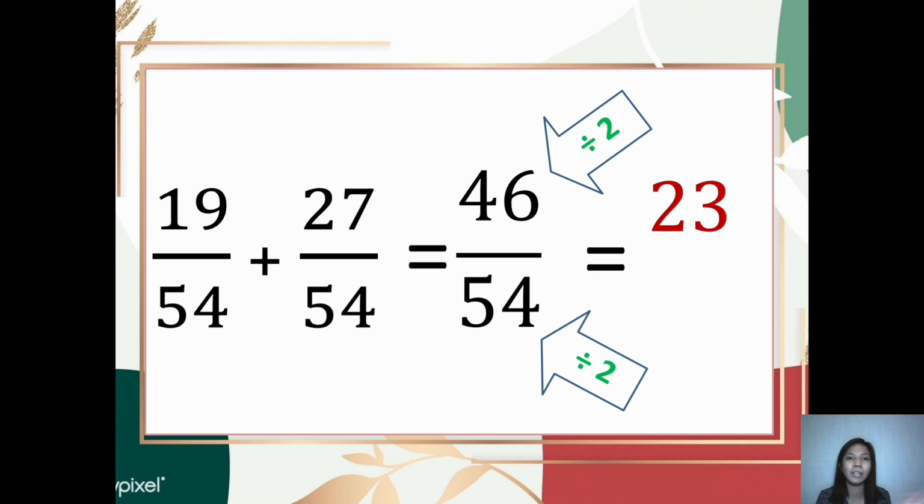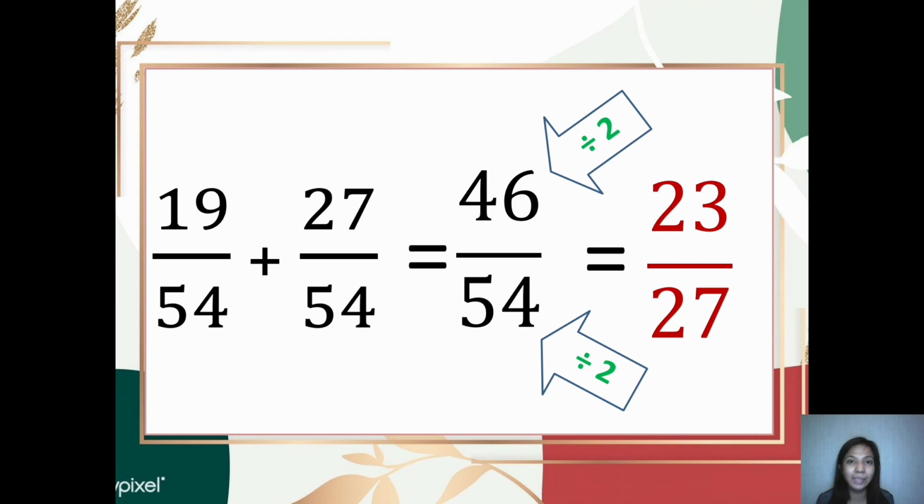But if not, then you don't need to do both. Whatever you do to the numerator, you have to do the same with the denominator. So, if it's divided by 2 here, it must be divided by 2 here, unless you cannot simplify anymore. So, 54 divided by 2 is 27.